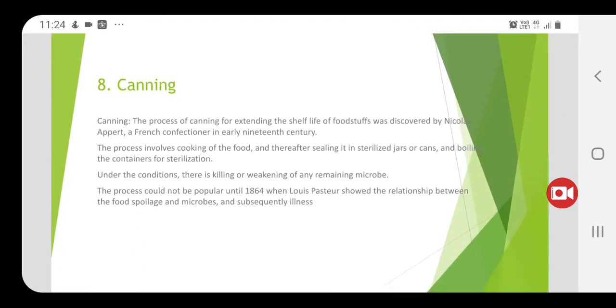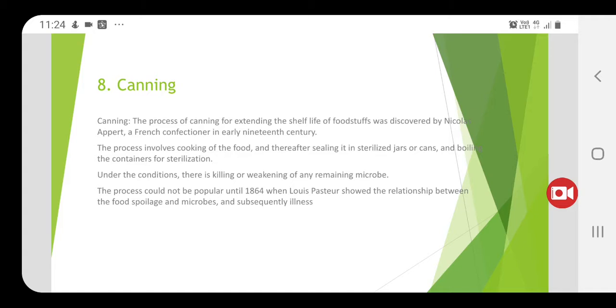The next one is canning. In very simple words, canning means keeping processed foods in cans. Nicholas Appert is the one who discovered the process of canning to increase the shelf life of food.